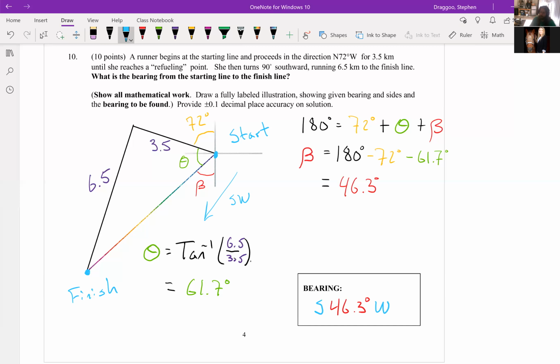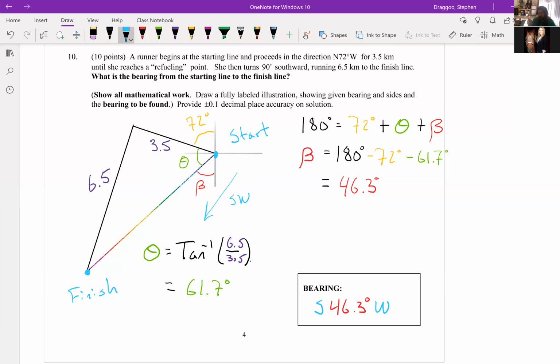So if I were asking for the reverse bearing here, if I wanted the bearing that went from finish to start, so say if I'm now at my end point, what direction would I have to look to find my starting line? That would be northeast 46.3 degrees. Because the bearing angle is actually going to be the same from either point. The only thing that changes would be the cardinal directions in play.